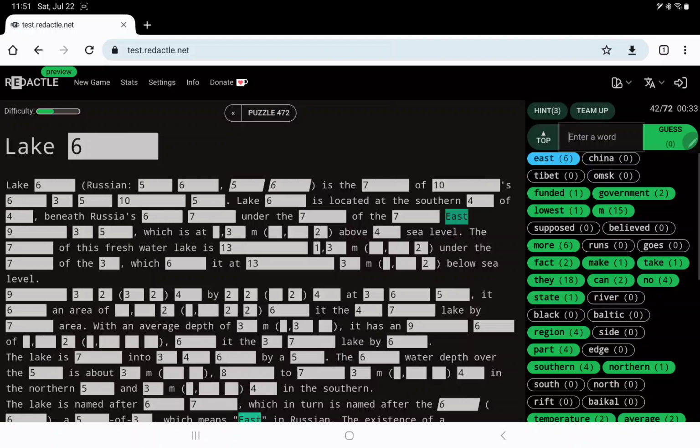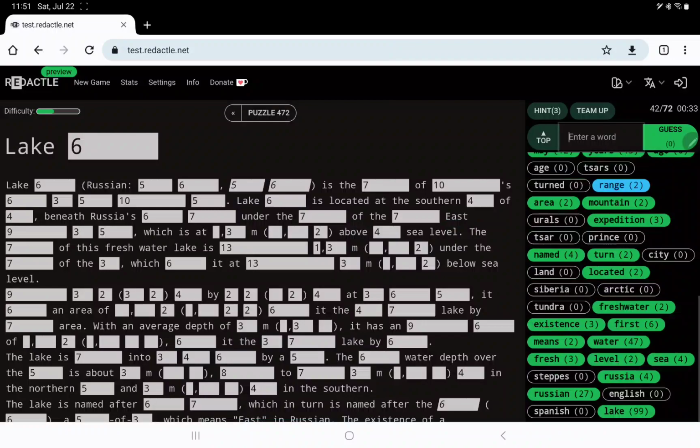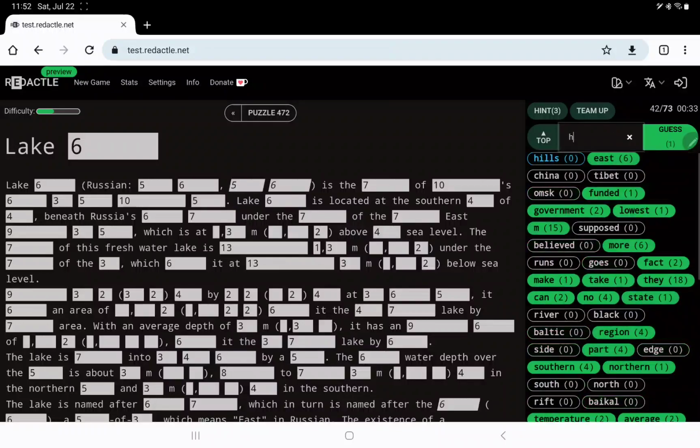Under the something of the 7 east 9 3. I did range, right? Yeah. The something east blank hills, hill.